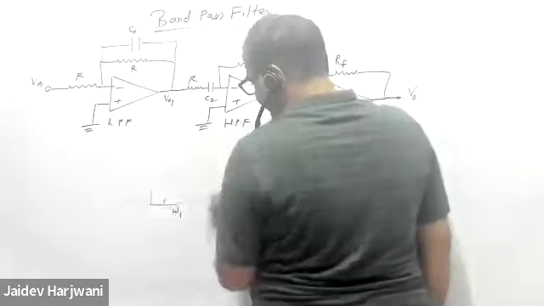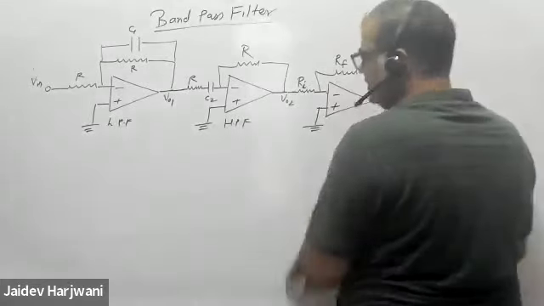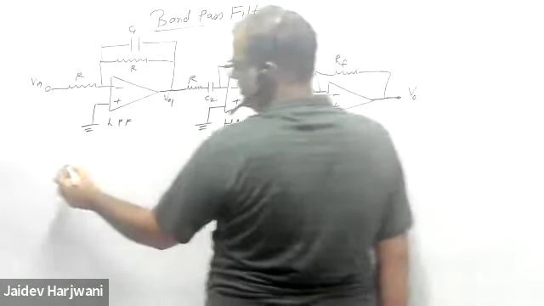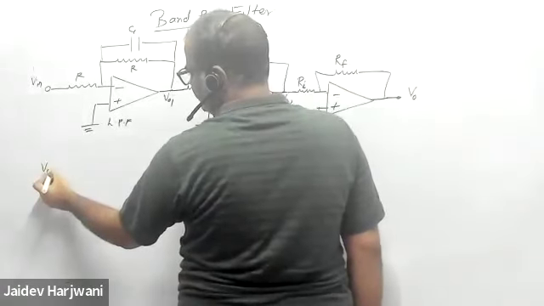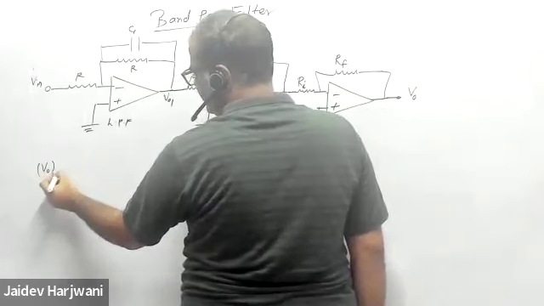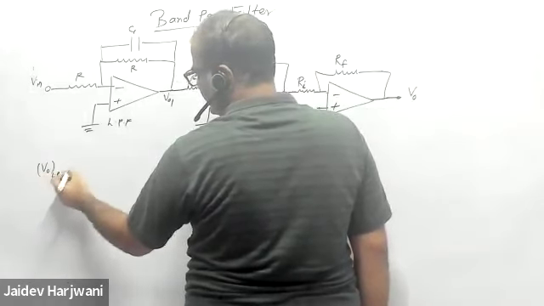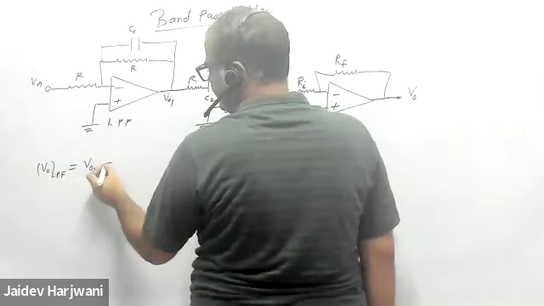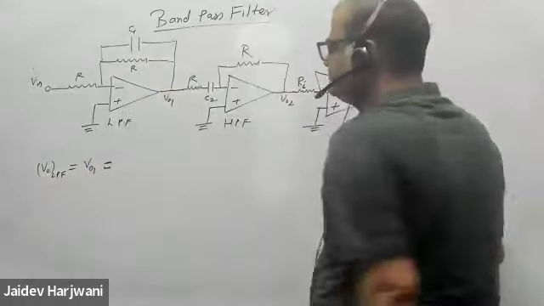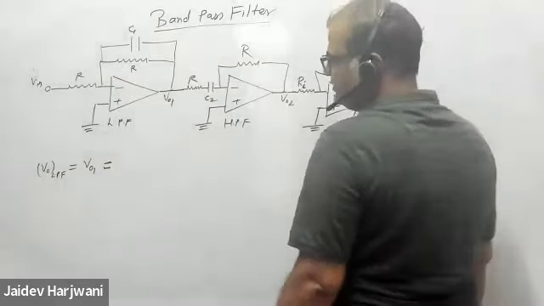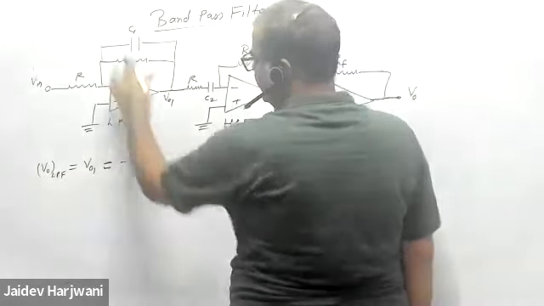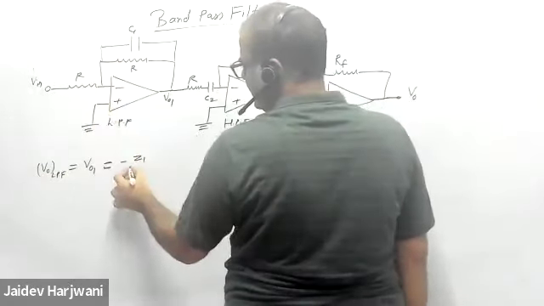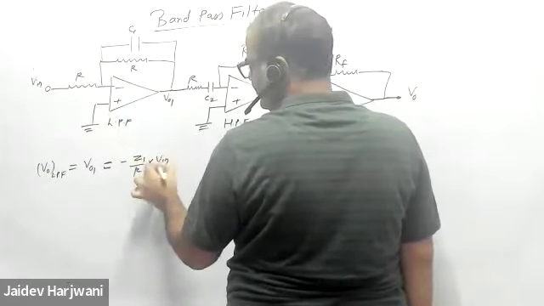Now let us first write what is V naught 1, the output of the low pass filter. Tell me what is V naught 1? Yesterday we have done this. This is minus ZF upon Z1 into V input.